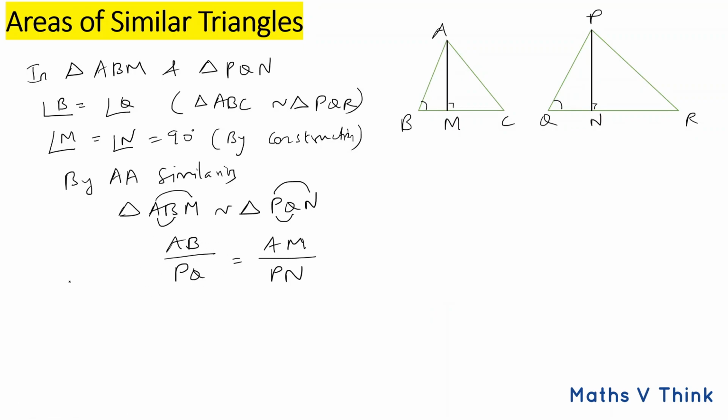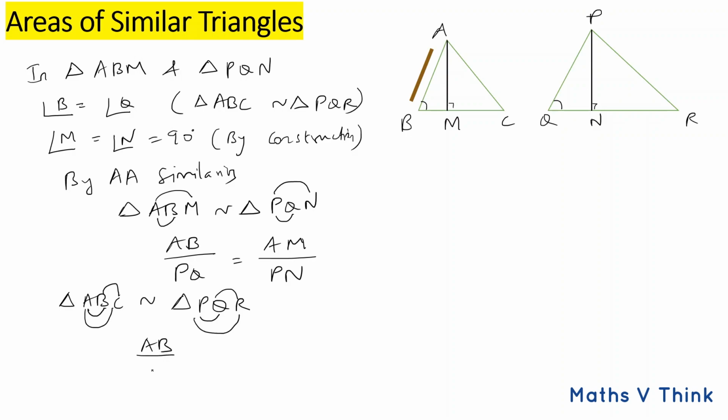Now take the given part. They gave triangle ABC is similar to triangle PQR. Here also I can tell that their corresponding sides will be proportional. So AB by PQ is equal to BC by QR is equal to AC by PR.